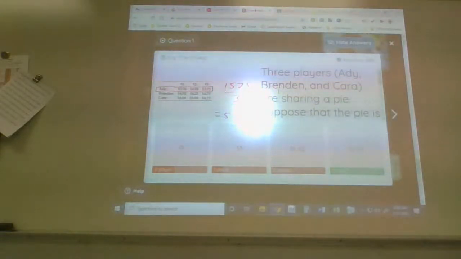$5.25 is, in 80's mind, a fair share. As long as she gets $5.25 worth of pie or more, then that is what would be considered a fair share. What are the only 2 prices for 80 that are equal to or greater than $5.25? Which slice?